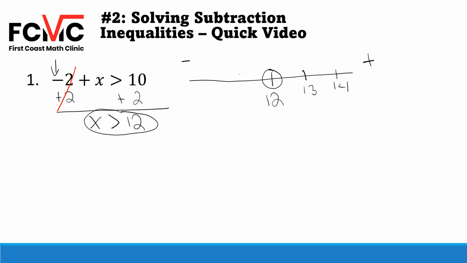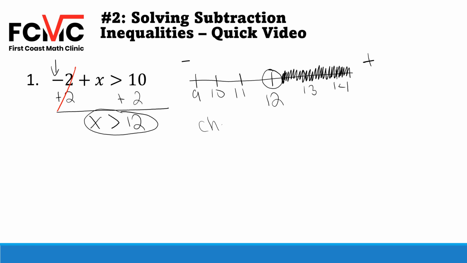To the left, we've got 11, 10, 9, okay? So if x is greater than 12, we're going to shade to the right. All right, so this is our graph that represents our solution set, x is greater than 12.